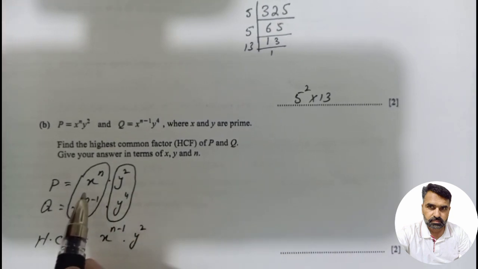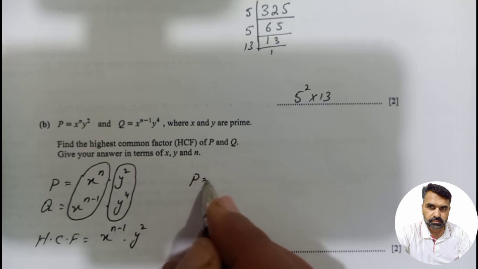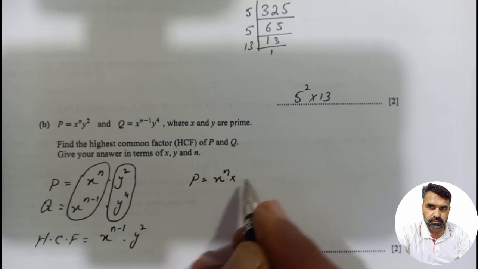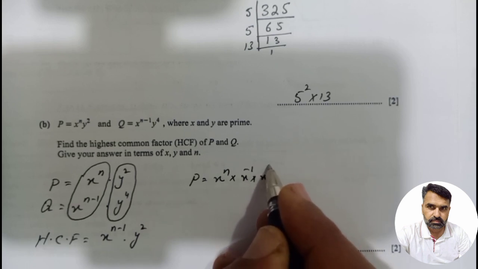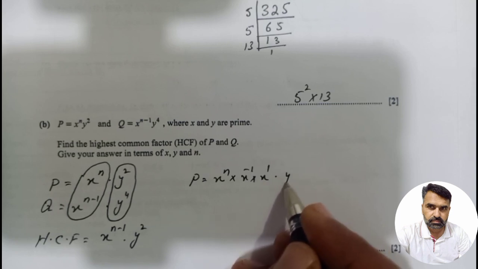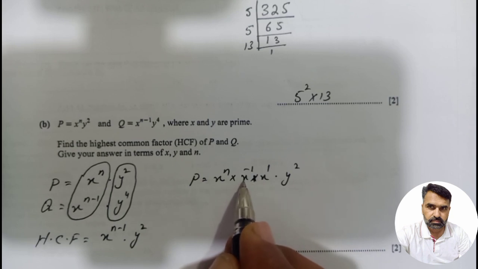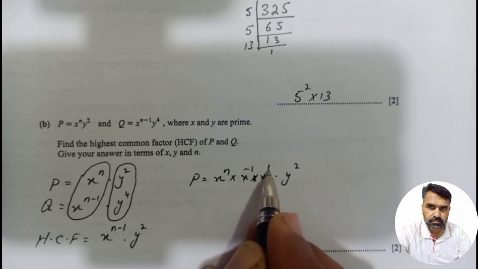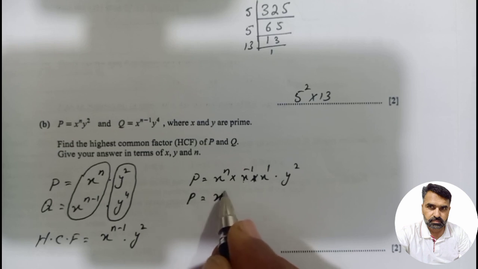Another method to find the highest common factor: p is equal to x to the power of n minus 1 multiplied by x to the power of 1 multiplied by y square. And students, as we have multiplied x to the power of minus 1 and x to the power of 1, nothing is added or subtracted, so it can be written as x to the power of n.